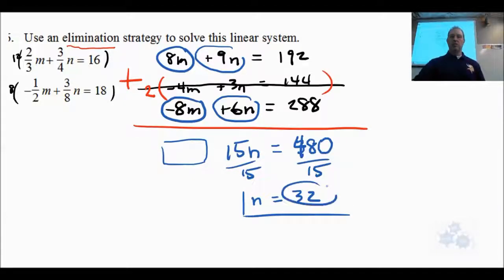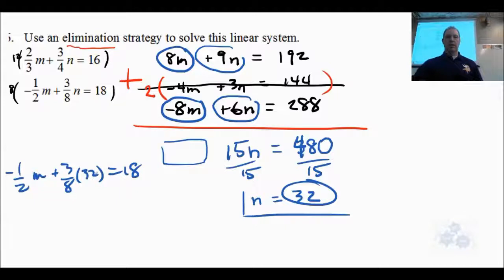So take 32 and plug it into one of the original equations. Okay, let's do the second one here. All right. And so 32 over 8 is 4, times 3 is 12. Negative 1/2 m equals 6.